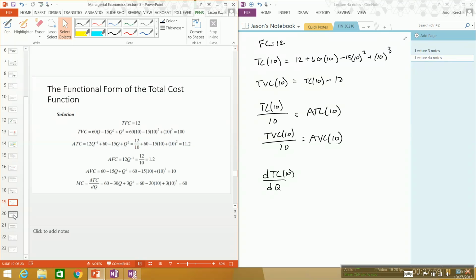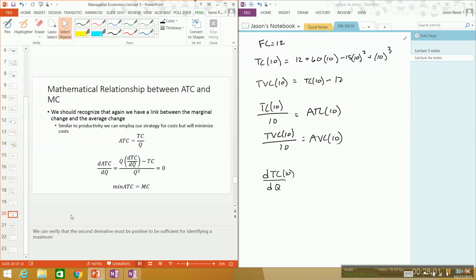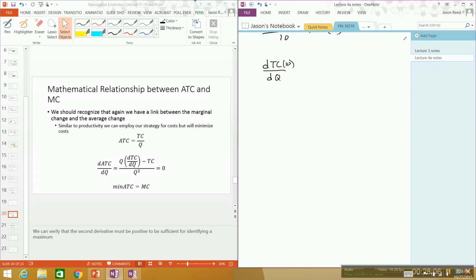So the last little bit that we want to recognize is that there again is a link between the marginal and the average cost. If we define average total cost to be total cost divided by Q and take the first derivative, what we end up realizing is that when we set it equal to 0, the minimum average total cost will equal marginal cost.